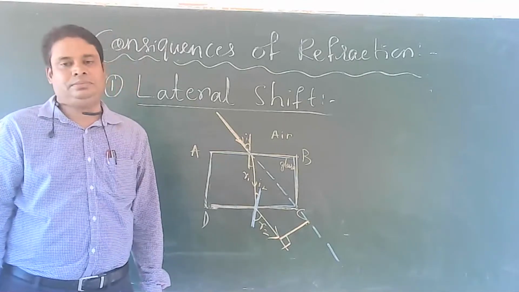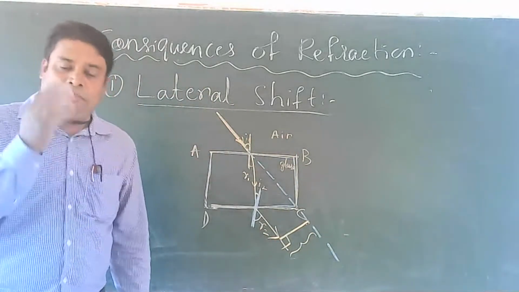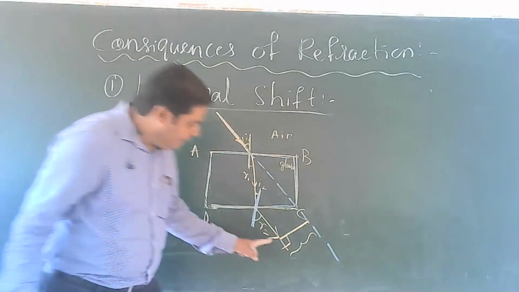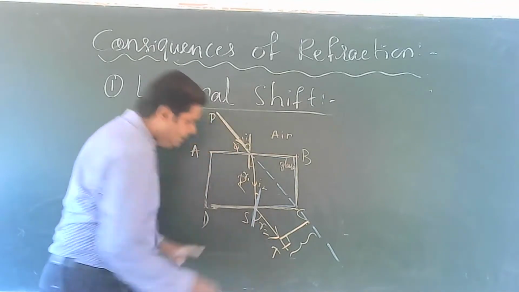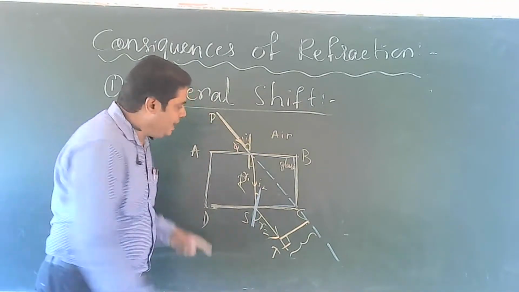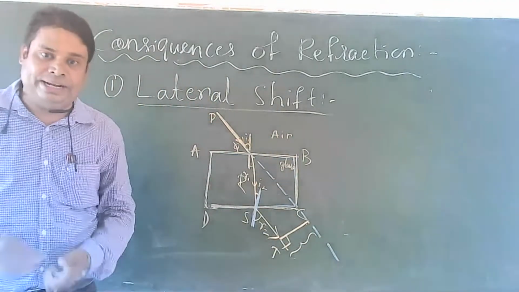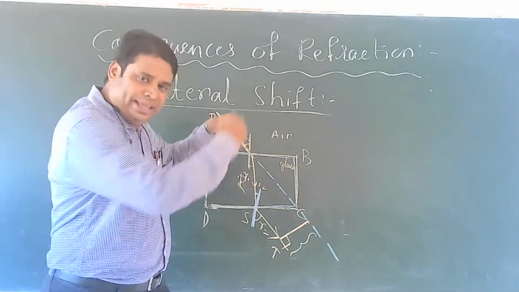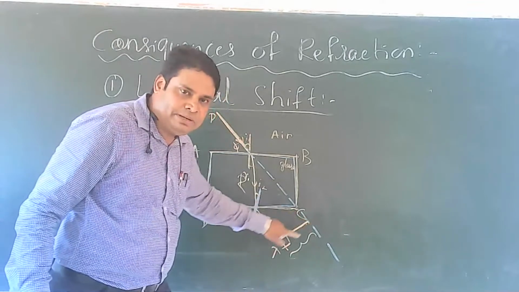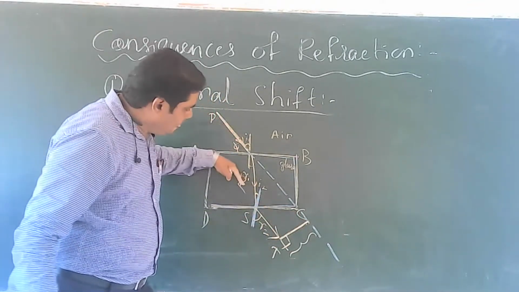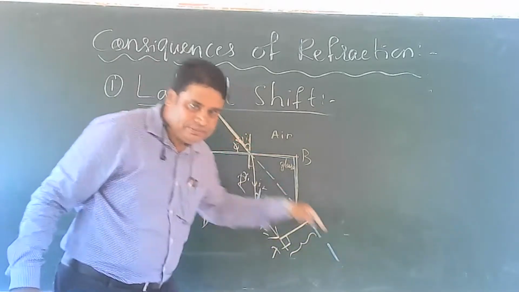What is lateral shift? Lateral shift is defined as the perpendicular distance between the emergent ray, you can name it ST, and the incident ray extended.